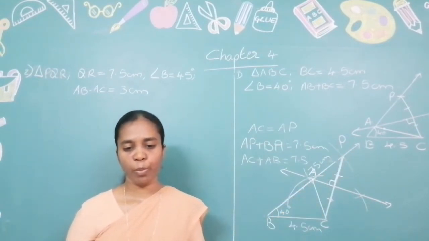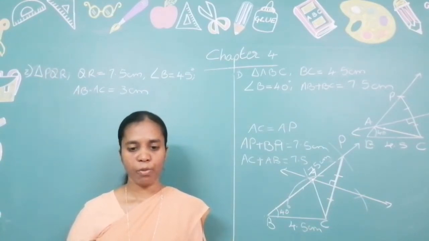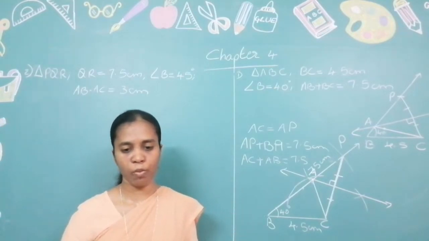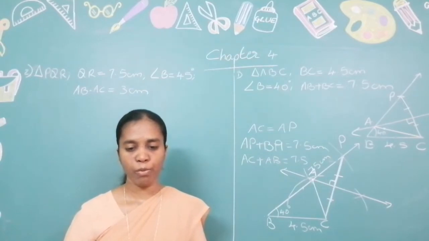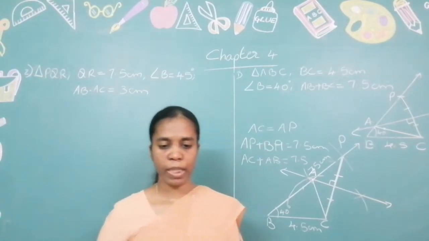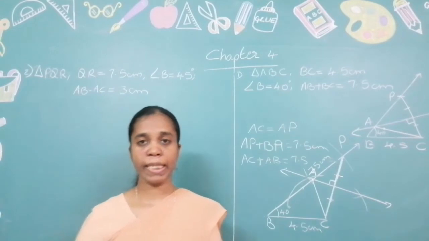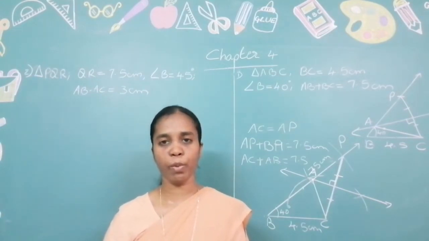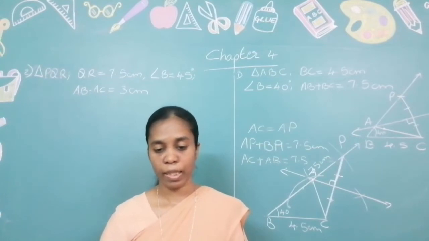Take practice at 4.1. You have 4 questions over there. Similar type. You can construct it. That is for your homework. In question number 4, the first part over there is in triangle ABC, BC is equal to 3.2 centimeters. In some textbooks it is given as 5.2, and we cannot construct it.